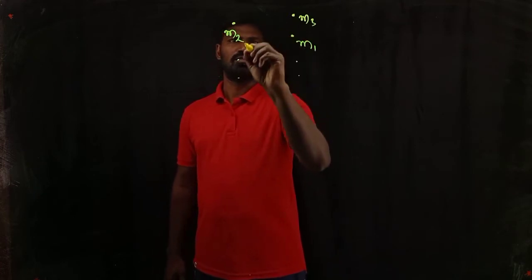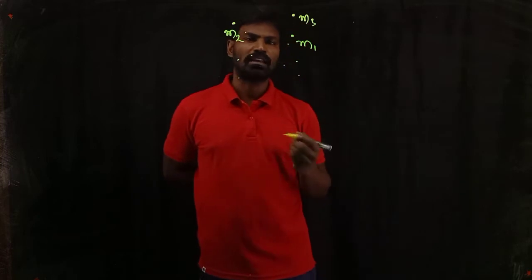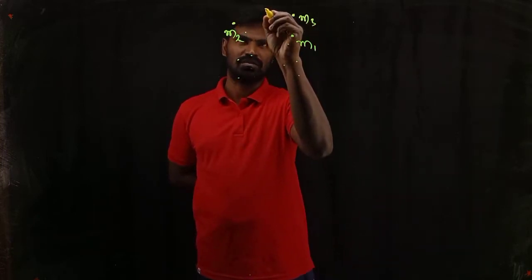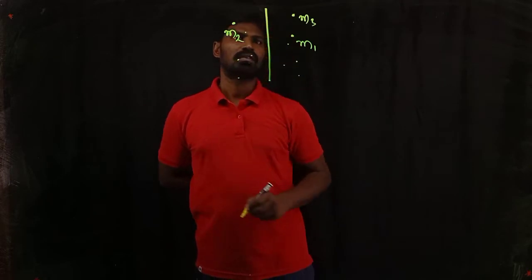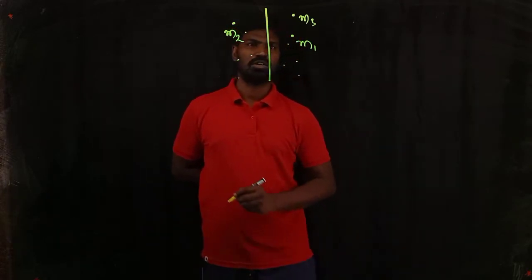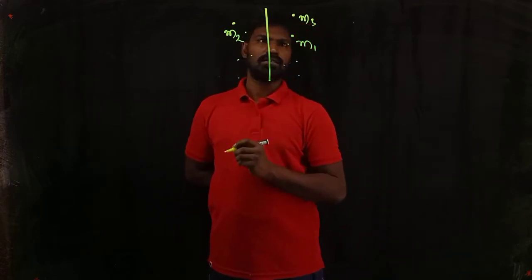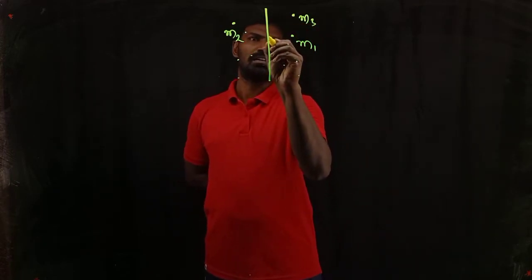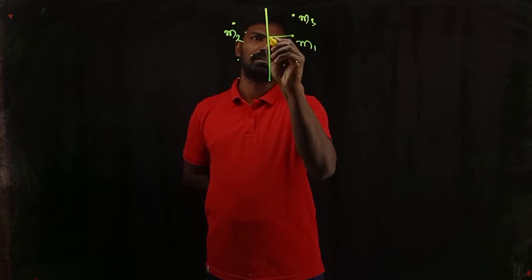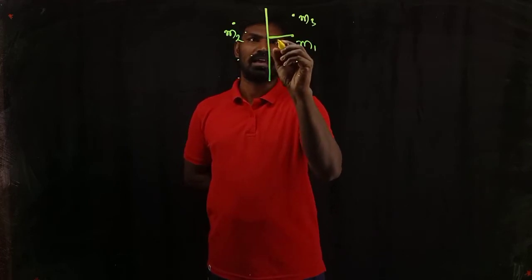Like that there are n number of particles. Now I wanted to find out the moment of inertia of this system. To calculate the moment of inertia, we need an axis of rotation. So with respect to this axis of rotation, I wanted to calculate the moment of inertia. To measure this, first we should know the perpendicular distance of each particle from the axis of rotation.